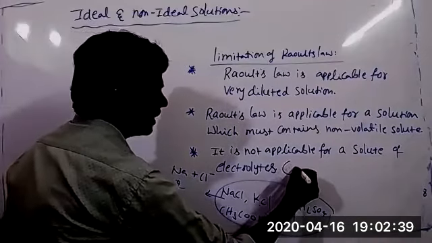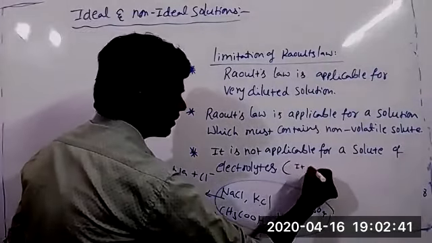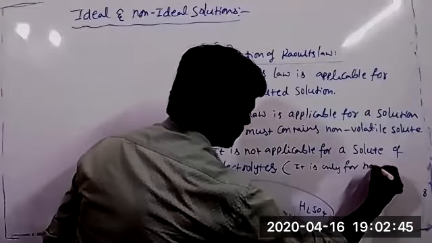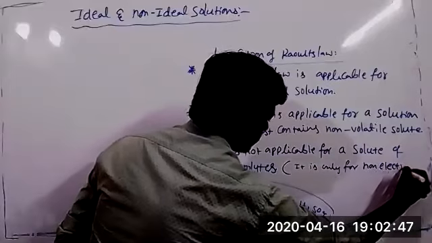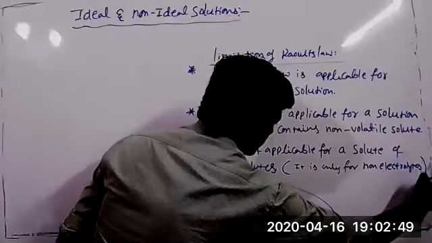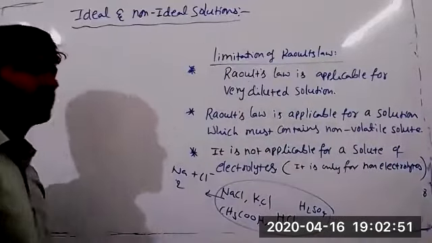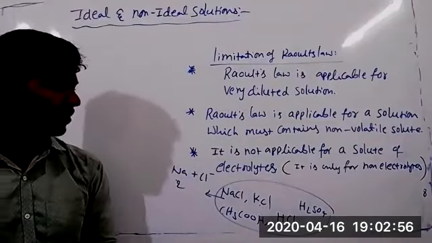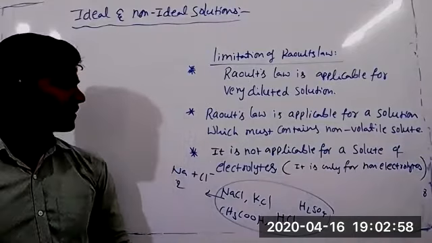It is applying for only non-electrolytes, like urea, sugar, glucose, and fructose. It is only for non-electrolytes.